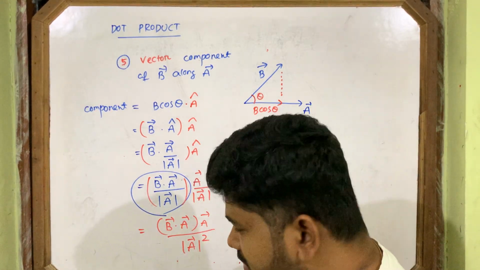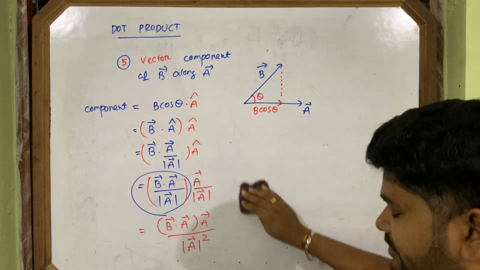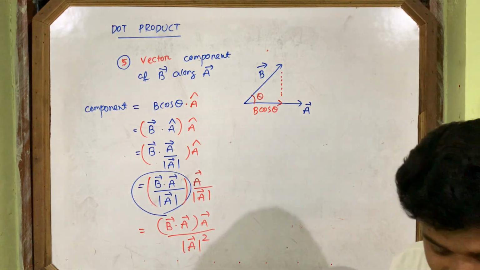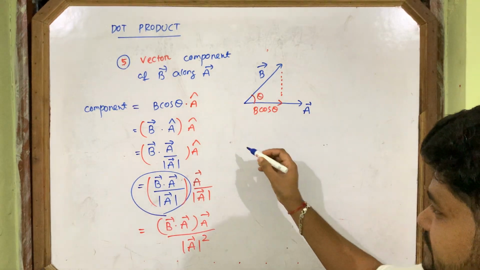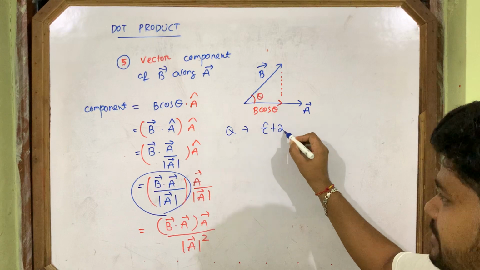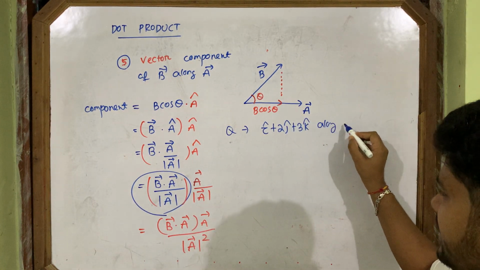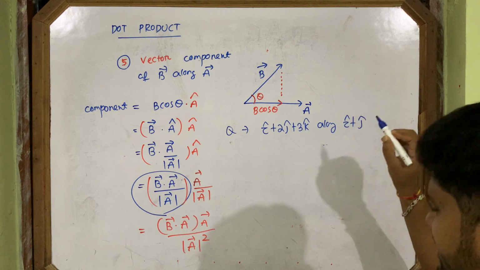Let's do one question based on this. It's a very important question, it always comes in exam. Question: find the component of i cap plus 2j cap plus 3k cap along i cap plus j cap.